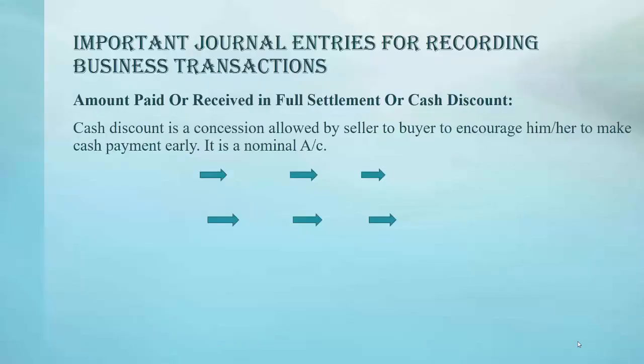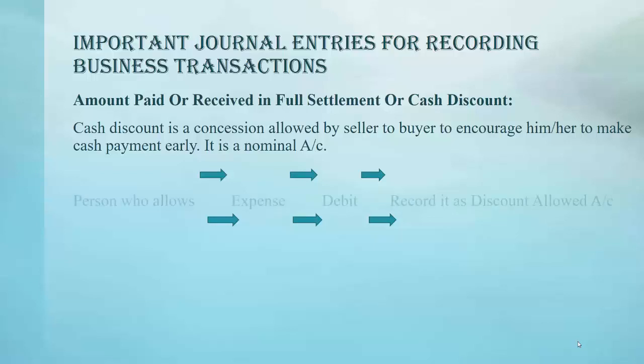What is cash discount? Cash discount is a concession allowed by seller to buyer to encourage him or her to make cash payment early. Unlike trade discount, cash discount is always recorded in the books of account and it is a nominal account, and the rule for the nominal account will be applied as per the situation whether it is allowed or received.